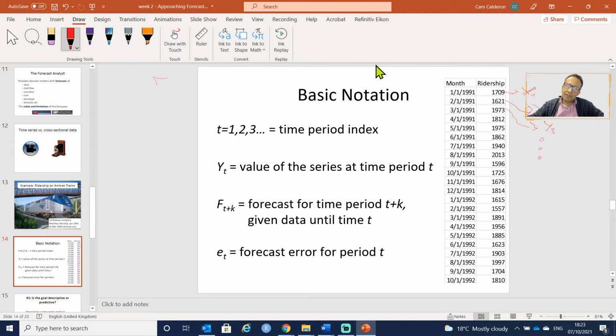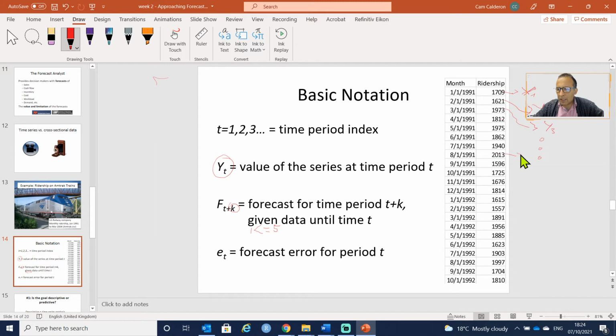As you can see, this is the notation that we are using. We want to forecast at time t plus k. K is the horizon that we want to use in order to forecast. So if we are at y3, the forecast can be at a horizon of, let's say, 5 months. If k equals 5, then 3 plus 5 means we count 1, 2, 3, 4, 5.